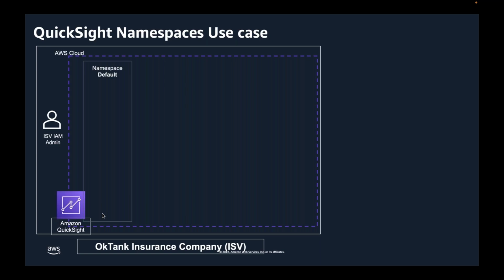So any users or groups you're provisioning into QuickSight at this point will belong to this default namespace, right? So what this ISV admin does is set up a new QuickSight account. They start adding users who belong to the OK Tank parent company, right? These users can be authors, readers, or other admins as well, right?